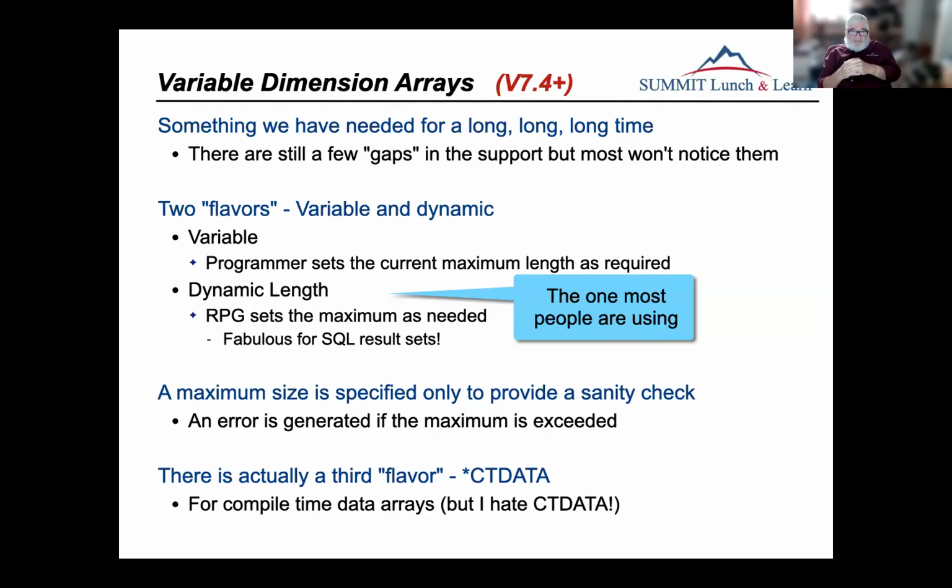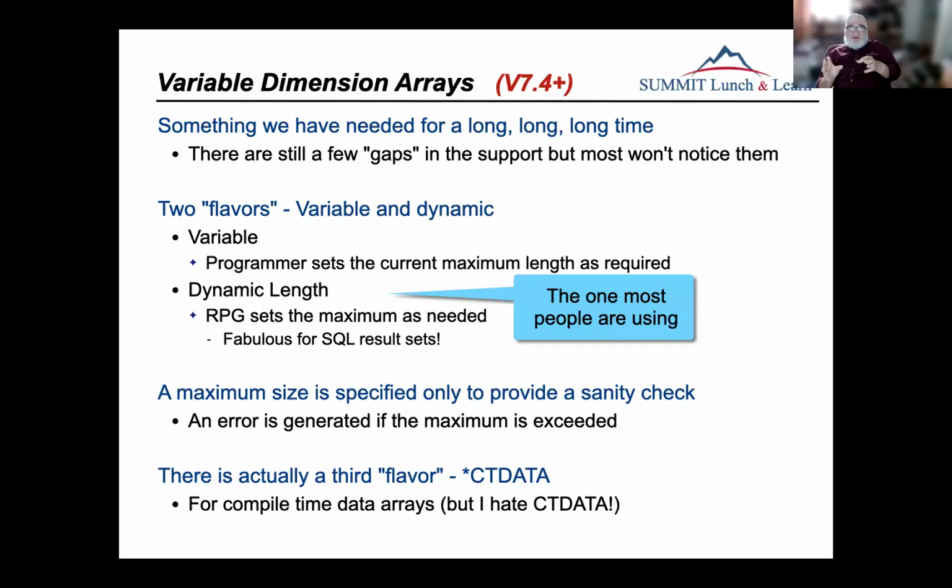Dynamic length is the one that I use all the time. The reason I love it is that whenever I sat down and started writing a program that needed an array, you've always got this question: how big shall I make it? Well, I don't want to waste too much memory, so I won't make it bigger than needed.